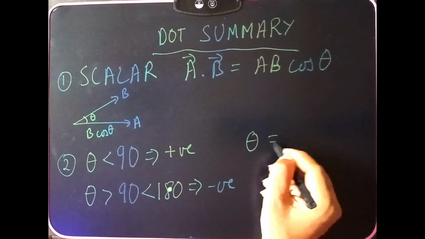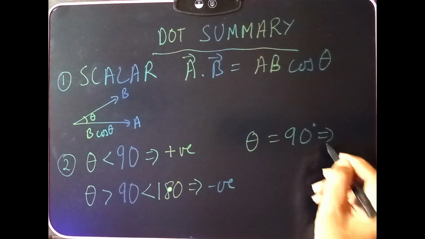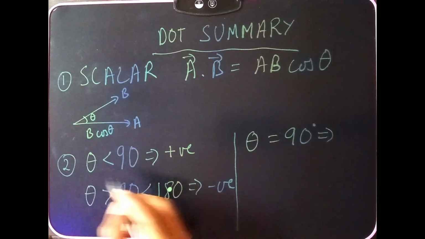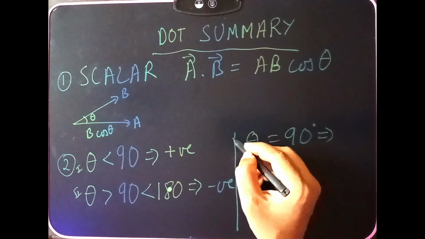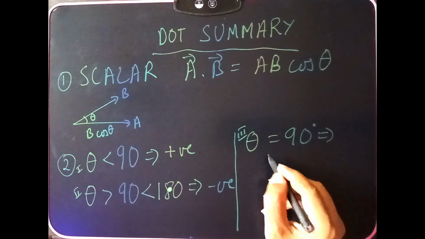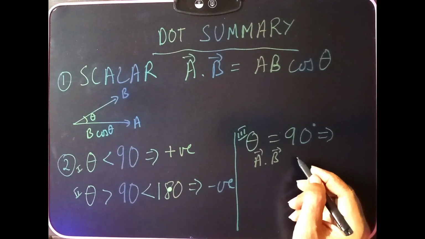When theta is equal to 90 degrees, what will happen? See the first case, second, third. When theta is equal to 0 degrees, A dot B will become maximum, since cos of 0 is 1.